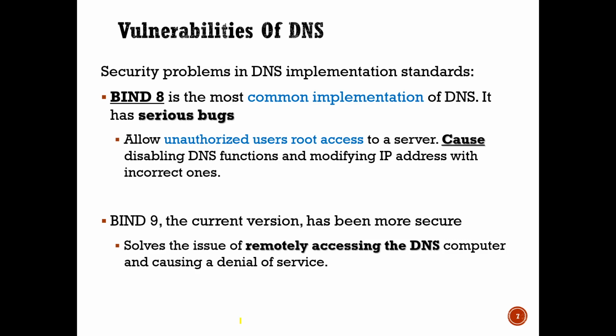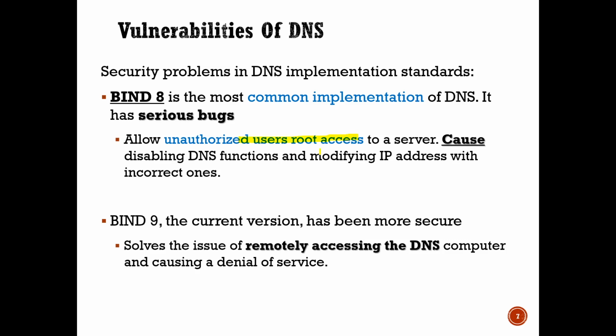Okay, so about DNS, there are two standards for how DNS is implemented: BIND 8 and BIND 9. BIND 8 is the classical standardization of how to implement DNS, and within that standardization there are a lot of hiccups and issues. One of the most common related to security is allowing an unauthorized user root access.